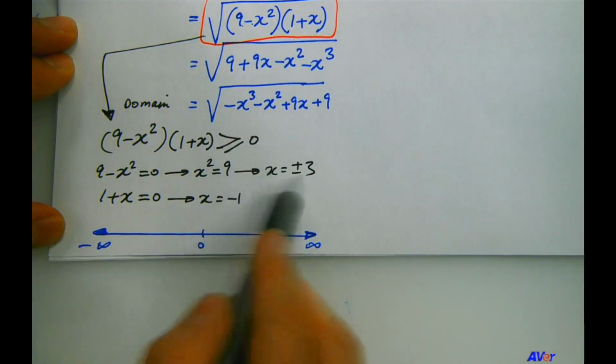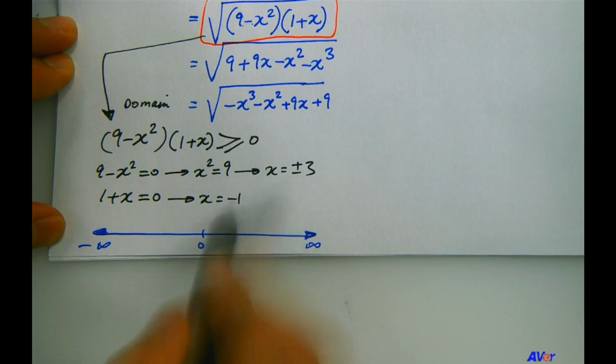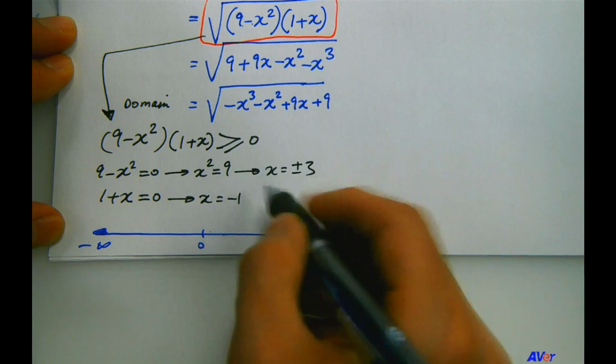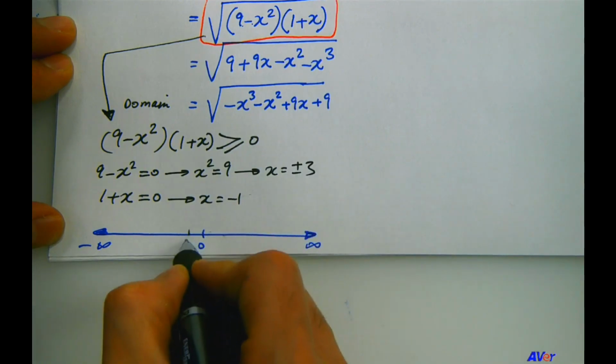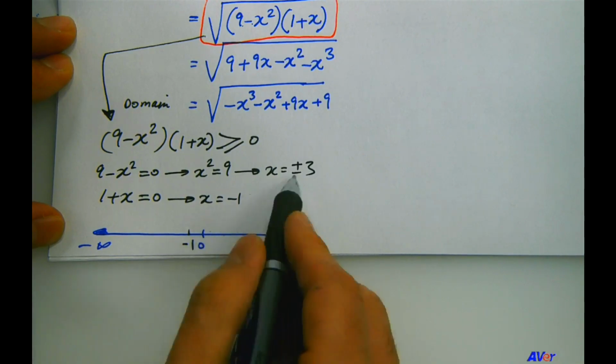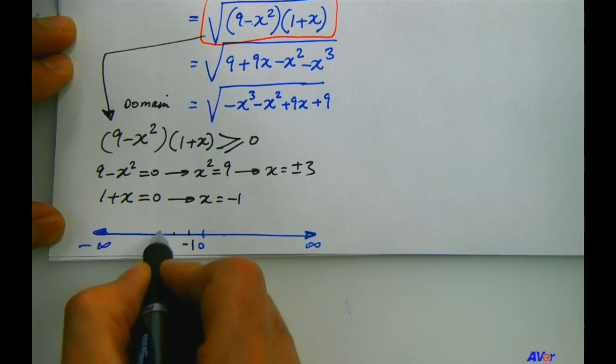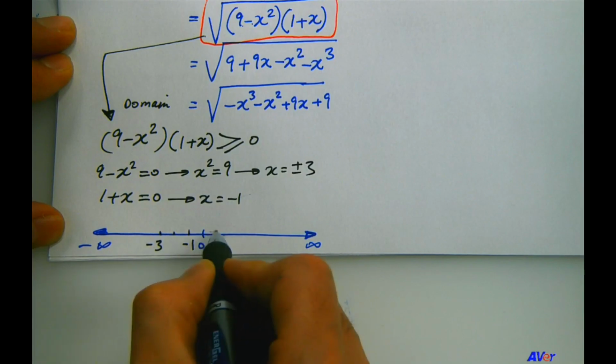Then let's place all these numbers on the x-axis, or on the real number line. So we have -1, we have negative 3, and we have positive 3.